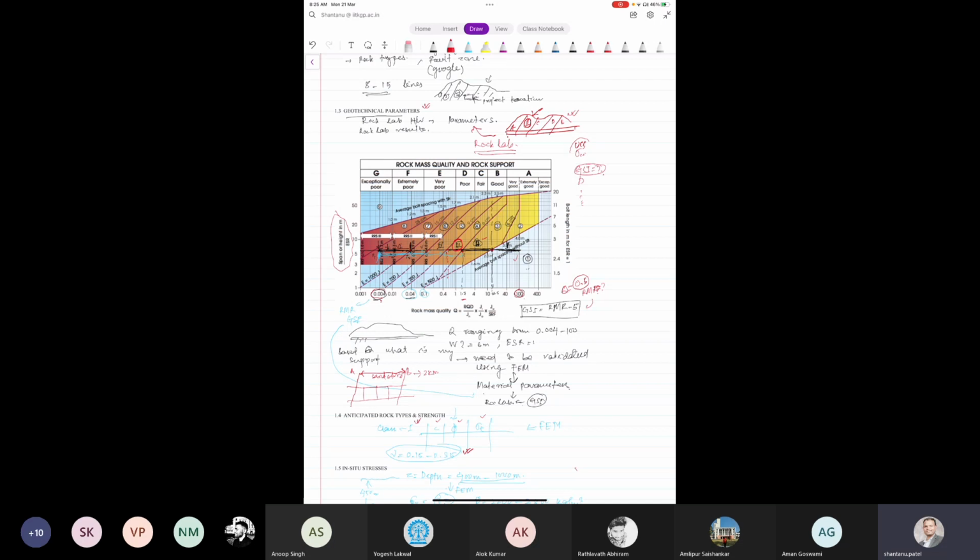Due to some tectonic activity or different type of structural discontinuity within this 2 kilometer range, even if this is the same gneiss kind of rock, the properties will change. Because some shearing might happen here, this is the worst kind of rock in here. So this will correspond to this Q value of 0.04.